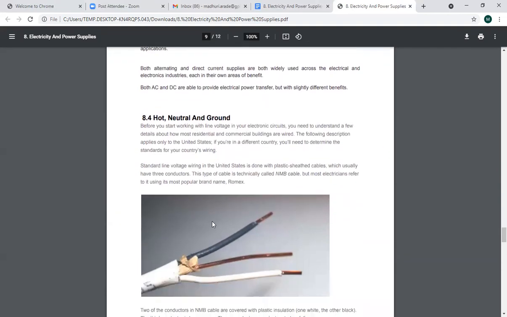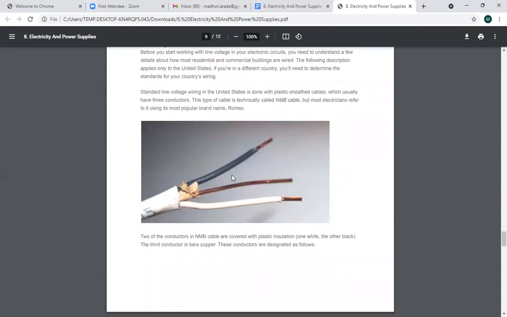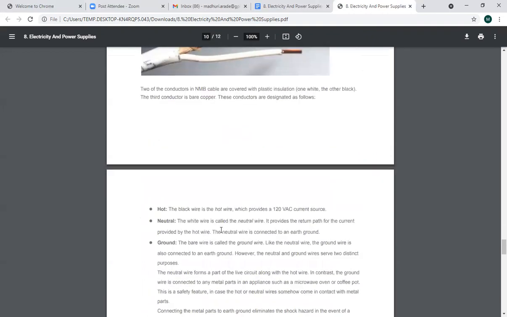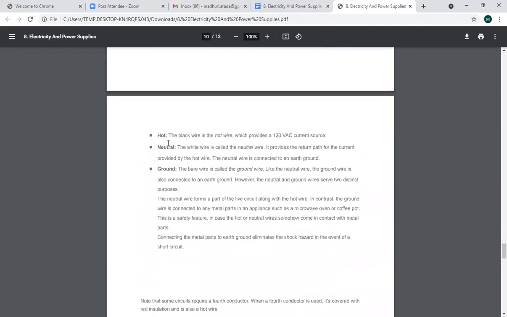Now, the next point is about the concept of hot, neutral, and ground. So you can see there are three cables. You can see two are covered with casings, and one is a bare conductor. So according to that, it is divided into three types: one is hot, the second is neutral, and the third is ground. The hot one is a black wire.